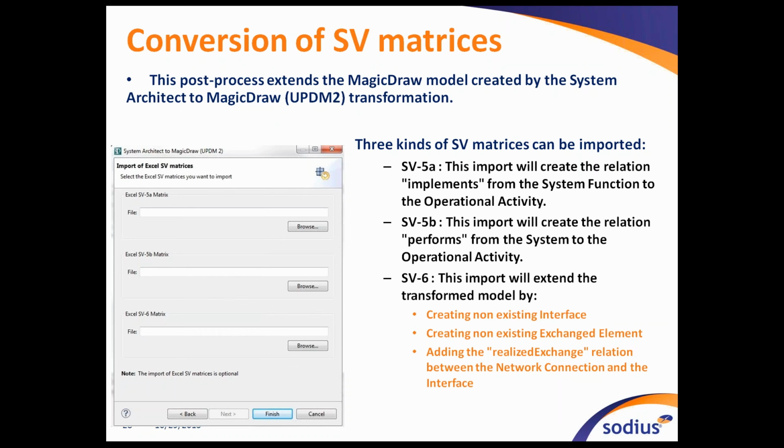And the SV6 matrix will import three kinds of information. It will create the non-existing interface, it will create the non-existing exchange element, and it will add the realized exchange relation between network connection and interface. And I think this is the end of my presentation.